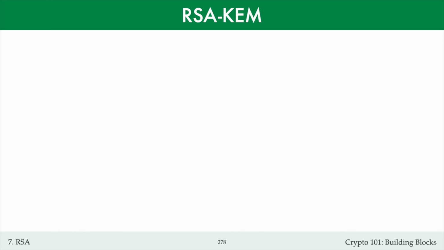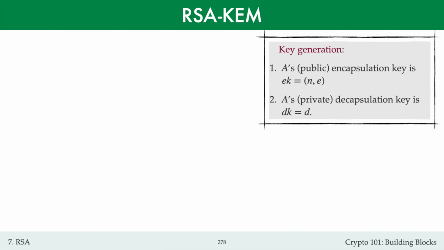RSA-KEM is a conceptually simple key encapsulation mechanism that avoids the complications with padding that we saw in RSA-OAEP. A party Bob can use RSA-KEM to transport a session key K to Alice, and thereafter, Alice and Bob can use the session key K to encrypt and decrypt messages for each other using AES-GCM.